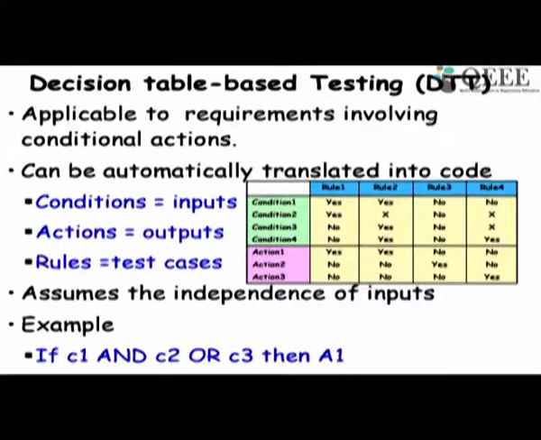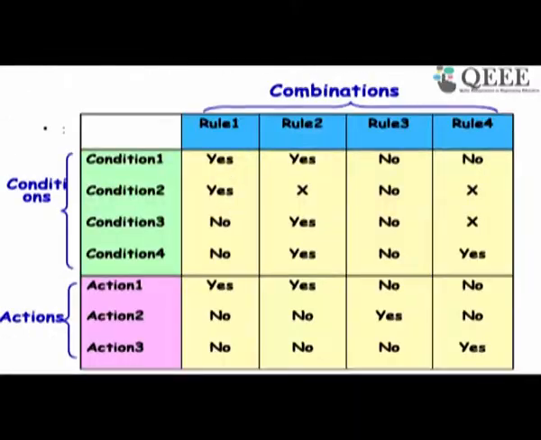So let's see how to construct this table. As I was mentioning, we list these conditions at the top, and the actions in the bottom rows, and then we find all possible combinations of these different conditions, meaningful combinations. There may be combinations which are impossible. We don't have to consider those.